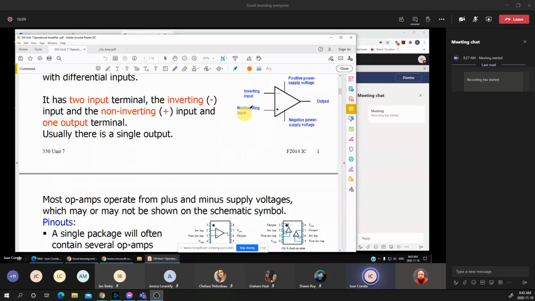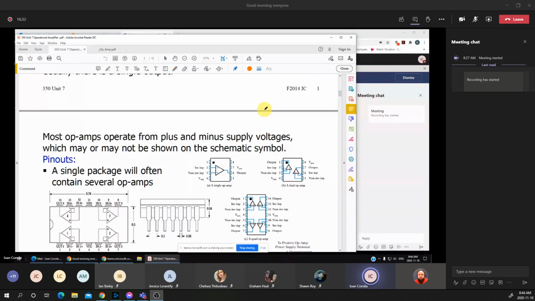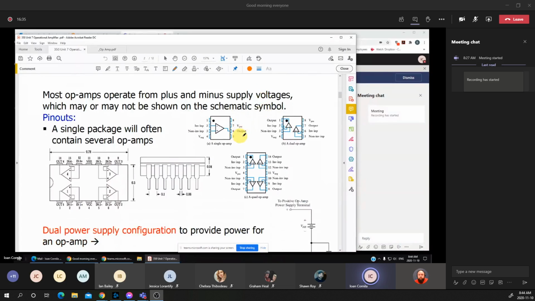I will explain a bit later the amplification or the gain used in op amps, that it will amplify the difference between the two voltages applied on the two inputs, inverting input and non-inverting input.